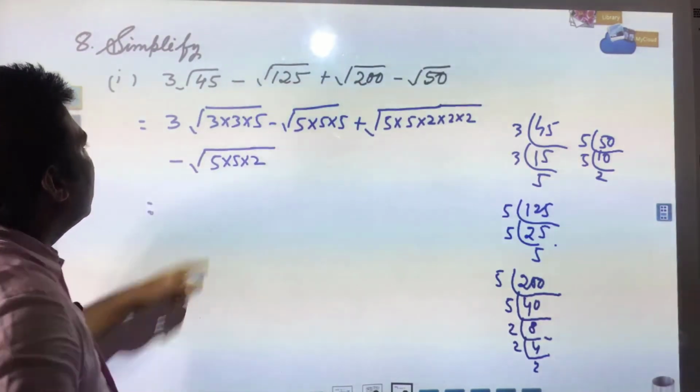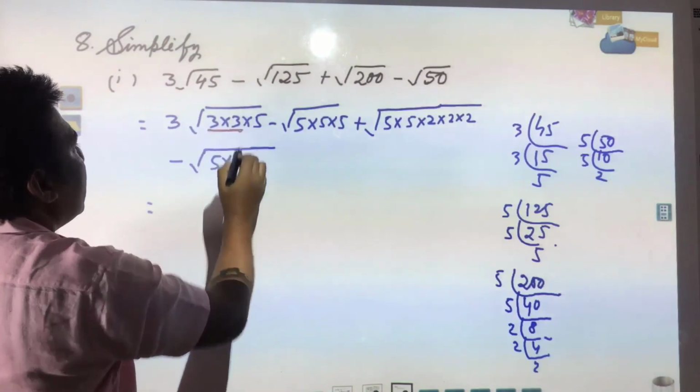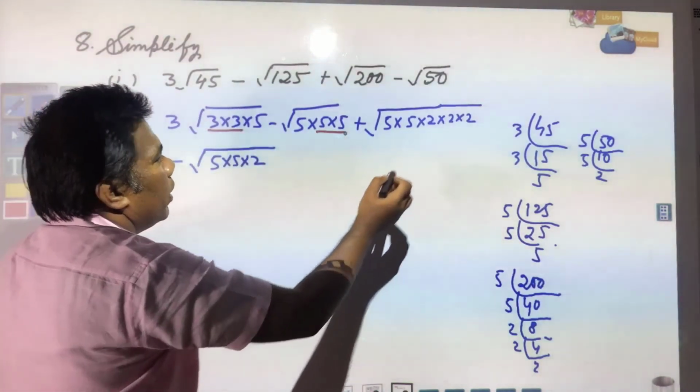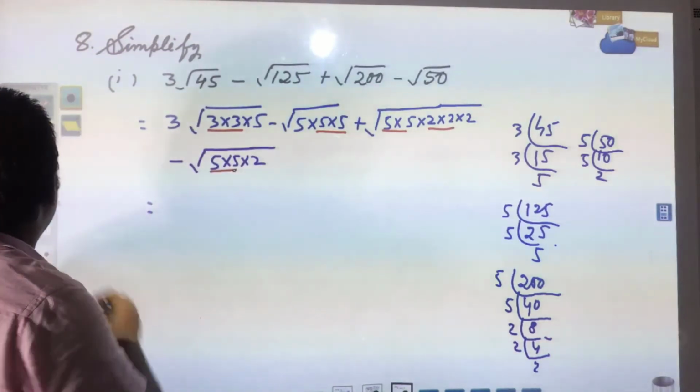Now, you see here pair you have of 3, here you have a 5, here you have 5 and 2, and here you have 5.